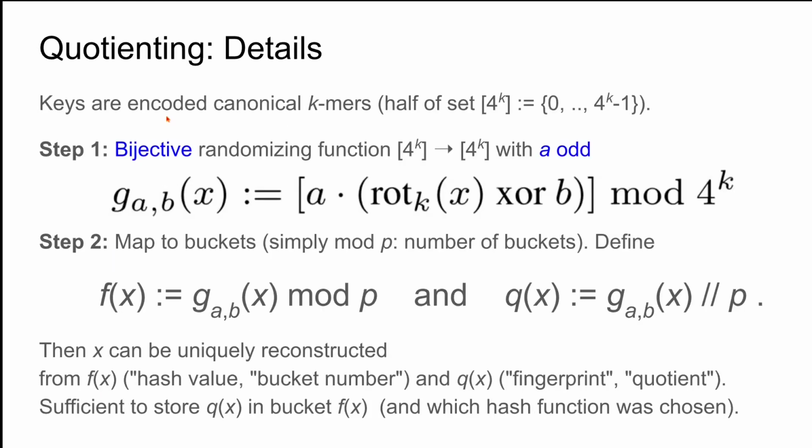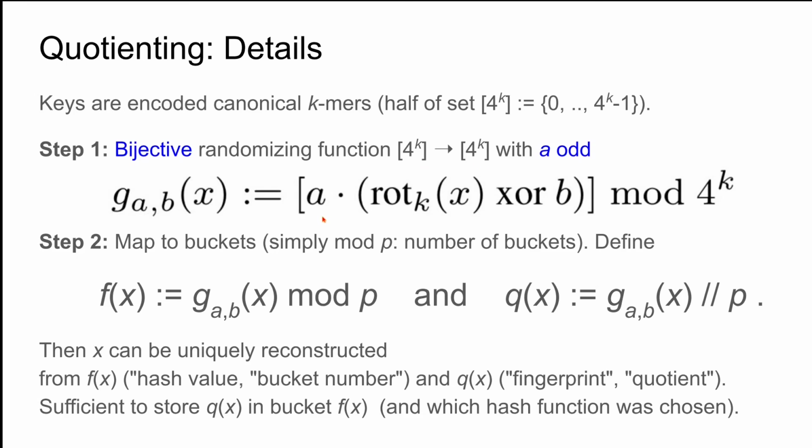Remember that DNA k-mers can be base 4 encoded and represented as integers between 0 and 4^k. To define a hash function, we proceed in 2 steps. It's important that the first step is just a bijective map from this set of integers up to 4^k to itself.